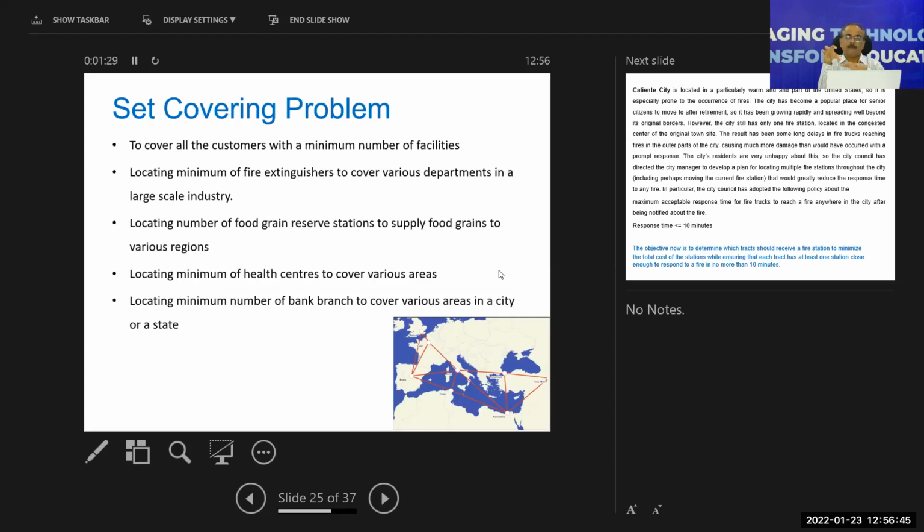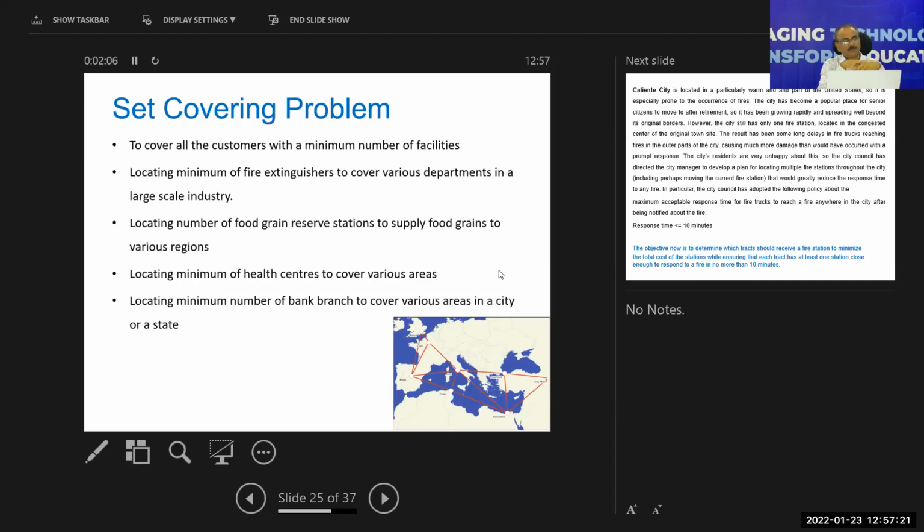For a bank branch, the location decision will be in terms of the coverage the branch has to give in the nearby locations, or the dealer has to fulfill the requirements of all the retailers in that region, or a school has to serve the region in terms of bus transportation.